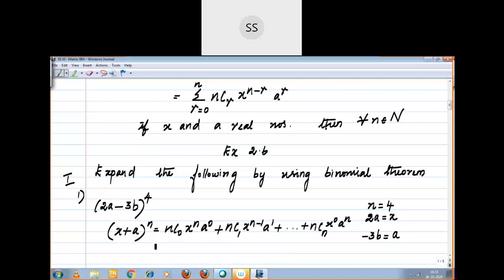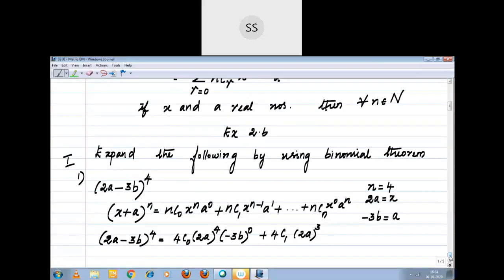Now here your n is 4. (2a minus 3b) the whole power 4 equals 4C0 (2a) the whole power 4 (minus 3b) the whole power 0, plus 4C1 (2a) the whole power 3, that is 4 minus 1 is 3. The power of the first term is decreased by 1, the second term is increased by 1.